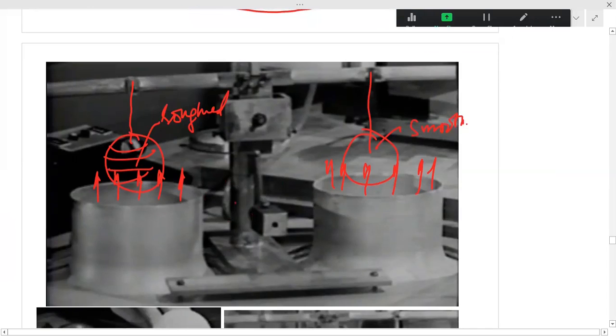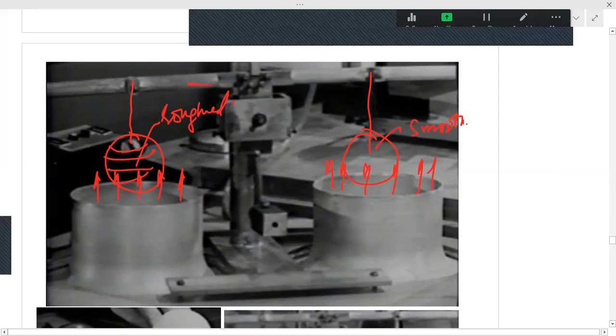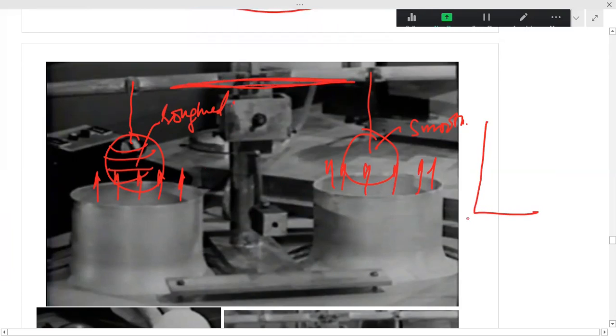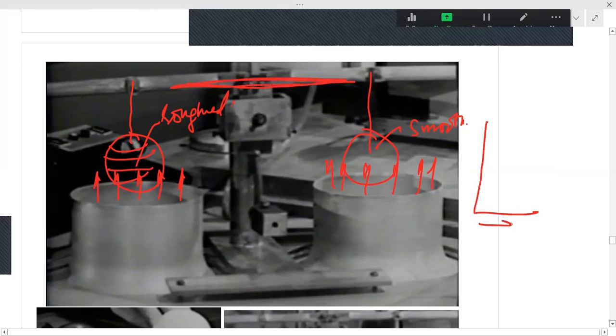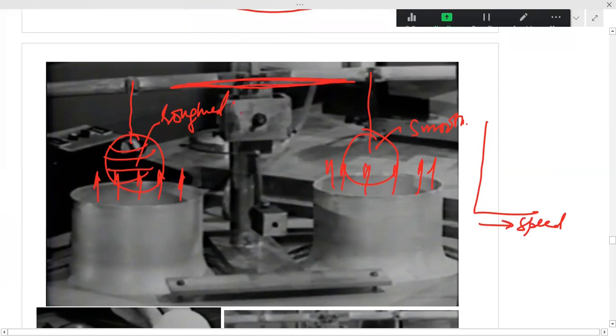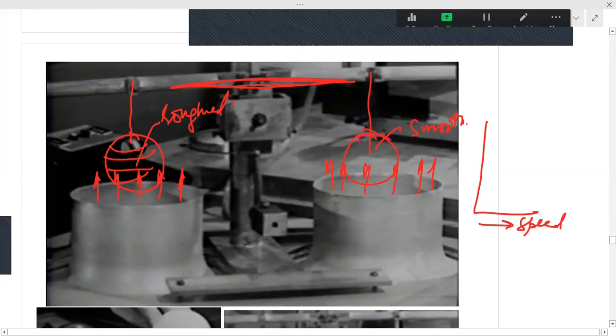When the air is not blowing, you know that this balance will be a horizontal line. Now if I start to increase the speed, what do you think? In which direction will the balance lean? This is the smooth ball of the same diameter.